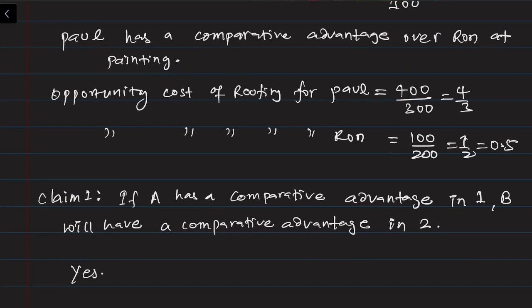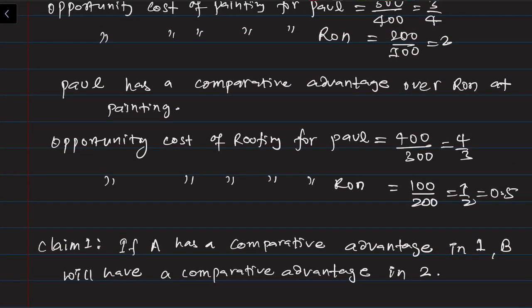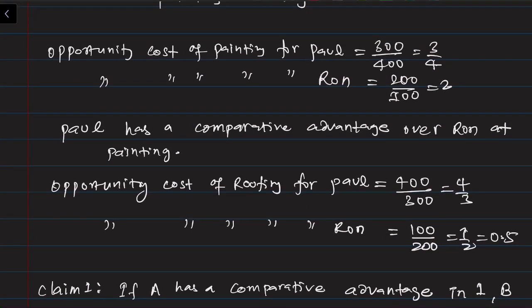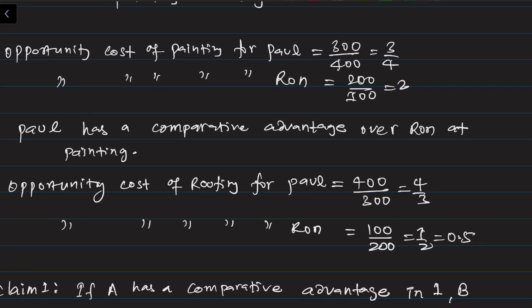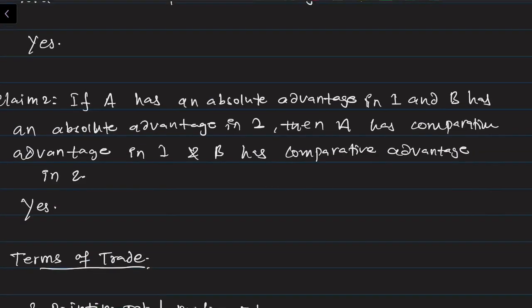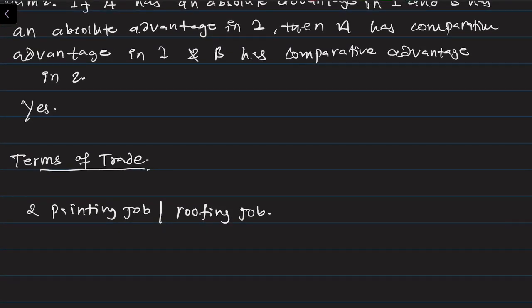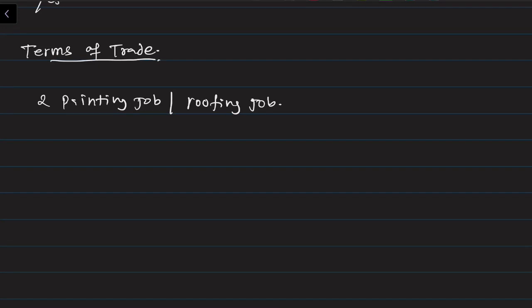So let's go back to the opportunity cost, where previously we calculated the opportunity cost of painting and roofing. To answer this question we can also calculate the range of terms of trade. So let's first calculate the range of terms of trade.